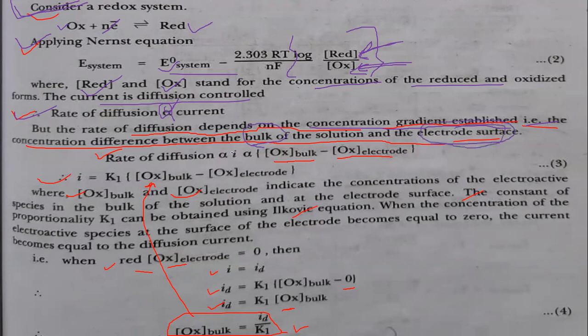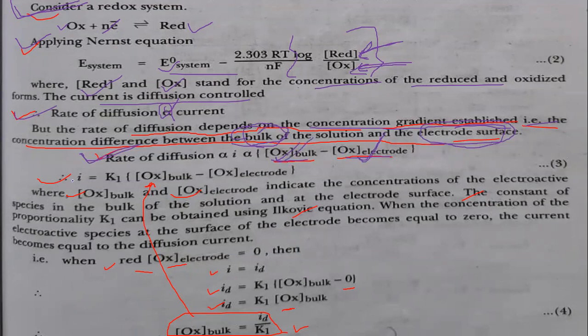Therefore, I is proportional to the concentration of oxidized form in the bulk minus the concentration of the oxidized form at the electrode. This is at the electrode surface and this is at the bulk.